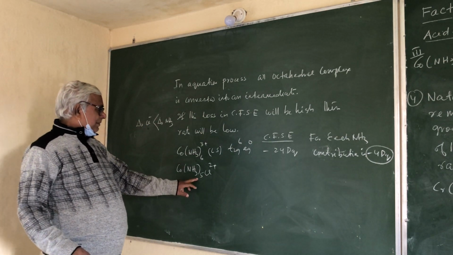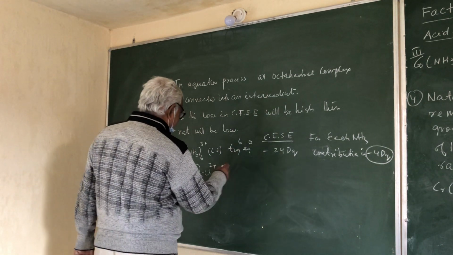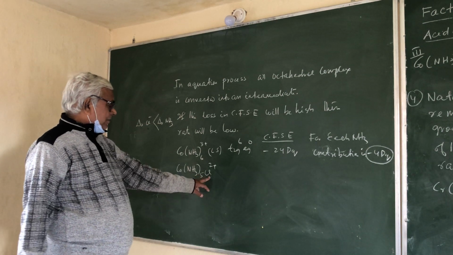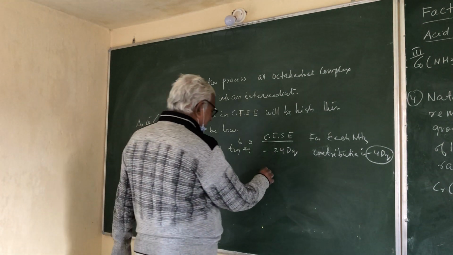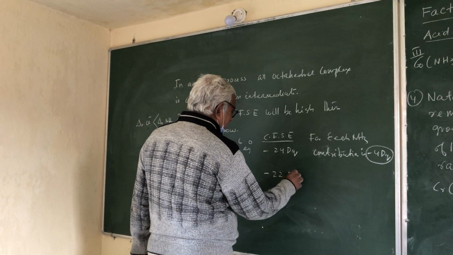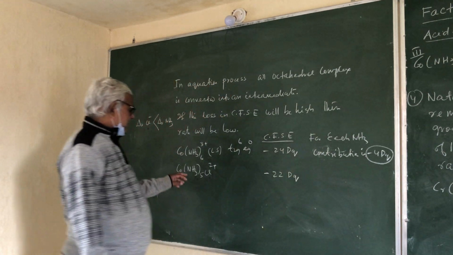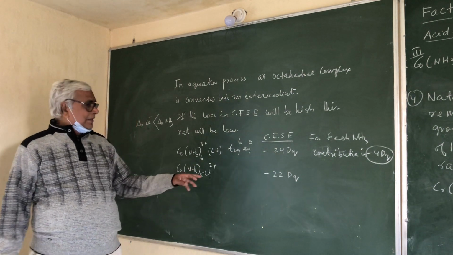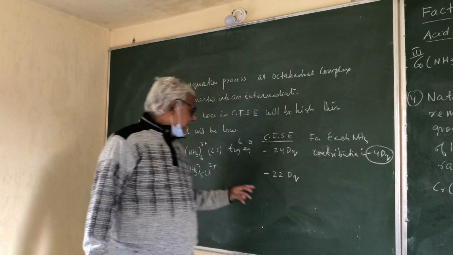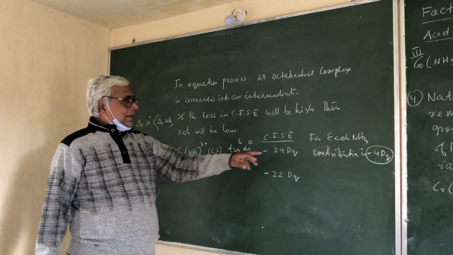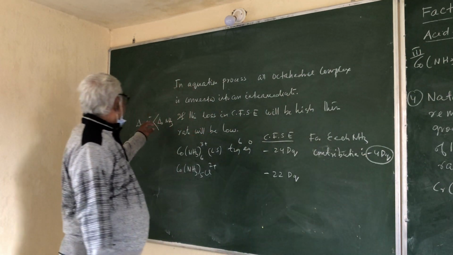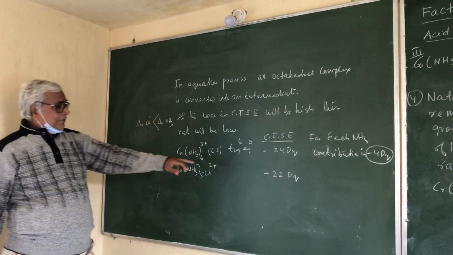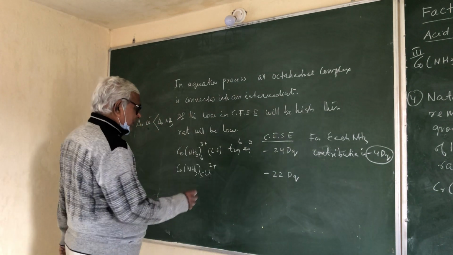So for 5 ammonia, you have minus 20 Dq, and for chloride, minus 2 Dq. Had there been 6 ammonia, it would have been minus 24 Dq. With 5 ammonia, 5 into 4, that is 20 Dq, plus 2 Dq for chloride. Therefore, this is minus 22 Dq.